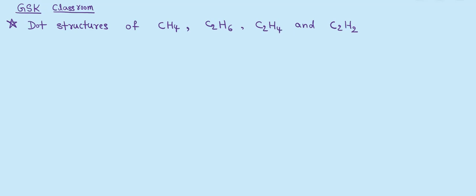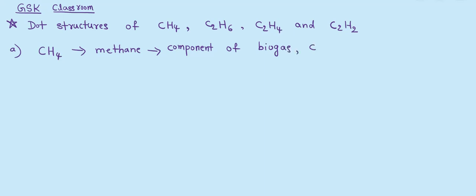First, we take the dot structure of CH4. CH4 is the simplest compound, called methane. It is the simplest compound, my dear students, and it is the main component of biogas and CNG, compressed natural gas.